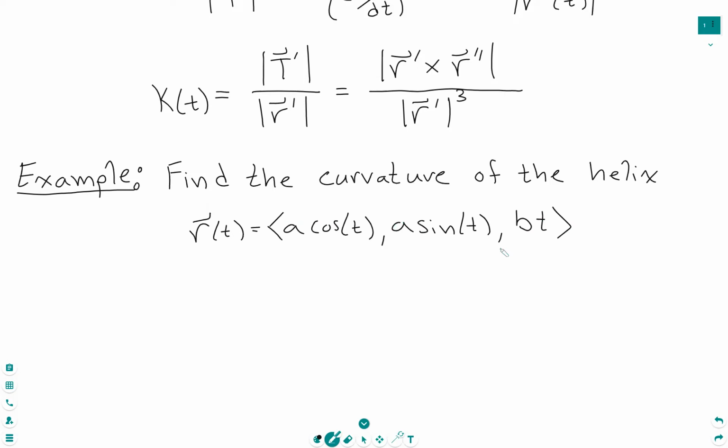Okay, so we have some helix. It looks like it's slowly moving up in the z direction, and we have a circle of radius a.